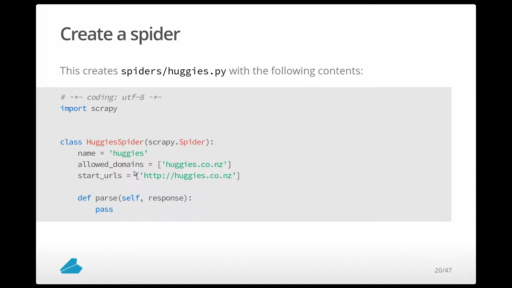So Scrapy is set up so that doesn't happen to you by default, which is great. And then you also pick the URL. So the start URL in this case is huggies.co.nz. I actually modify that to hit all of the letters, right? So I go huggies.co.nz/babynames/A and B and C and so on and so on. So I do that, and then I think the next slide.